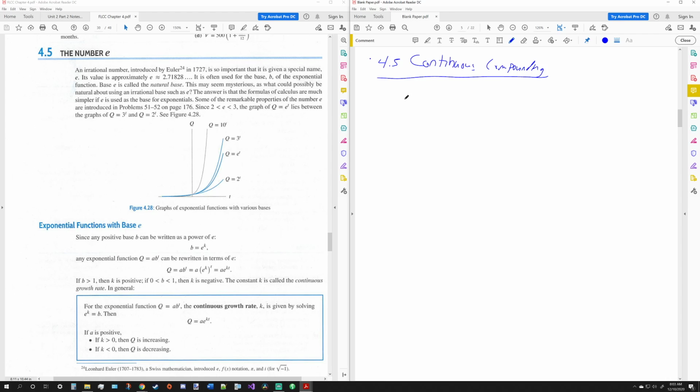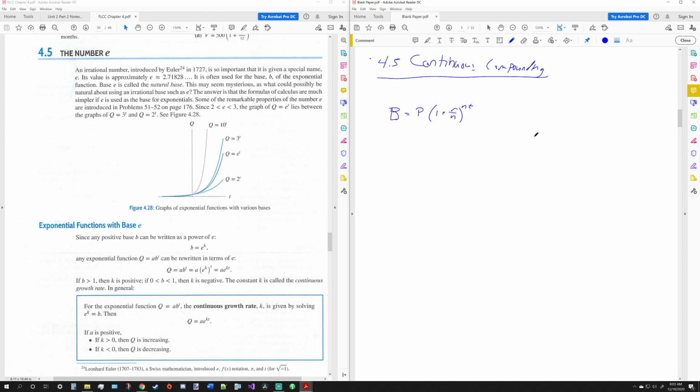And the idea here is that if we take the compound interest formula, there's the compound interest formula, and let's suppose we're going to double our investment.